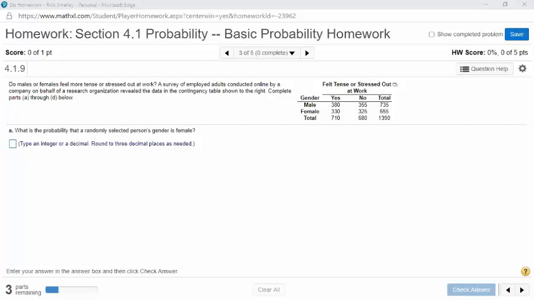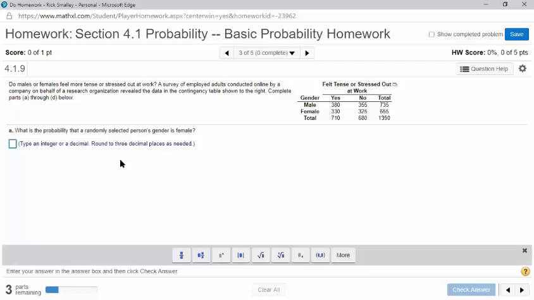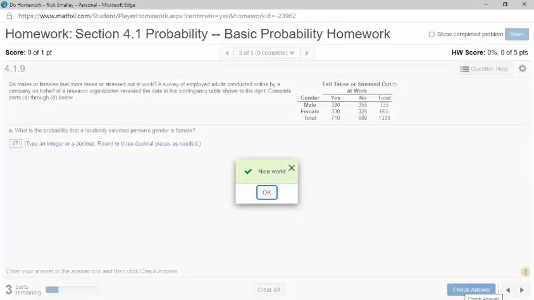I get 0.471 in 3 decimals. Let's see how we did. Look at us, 1 for 1 here. Aren't we good?